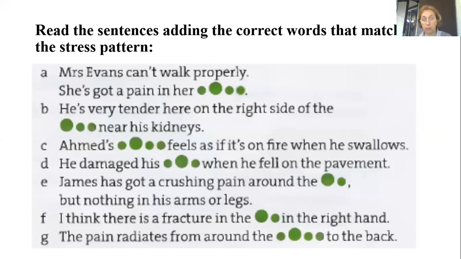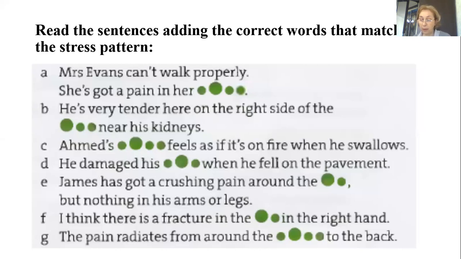I think there is a fracture in the wrist in the right hand. So wrist is the common word, and the medical term, the technical term, what is it? Who can help us? Instead of wrist. Carpus, teacher. Carpus, yeah.